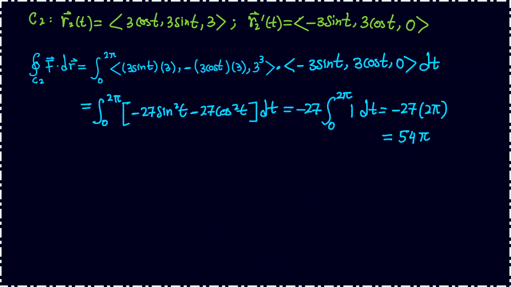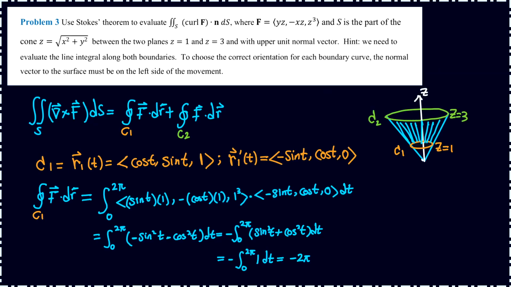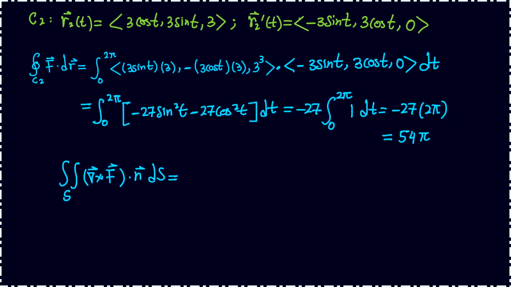So finally, the answer, which is the surface integral of the curl of the vector field dotted with n, is the sum of the two line integrals, which were negative 2 pi and 54 pi. And that gives you a total of 52 pi.